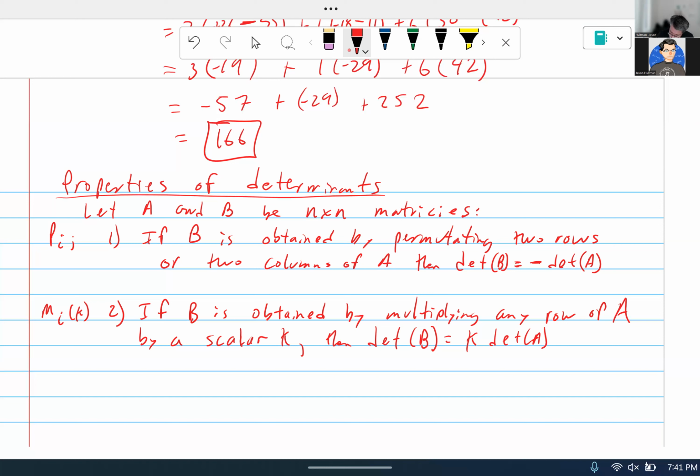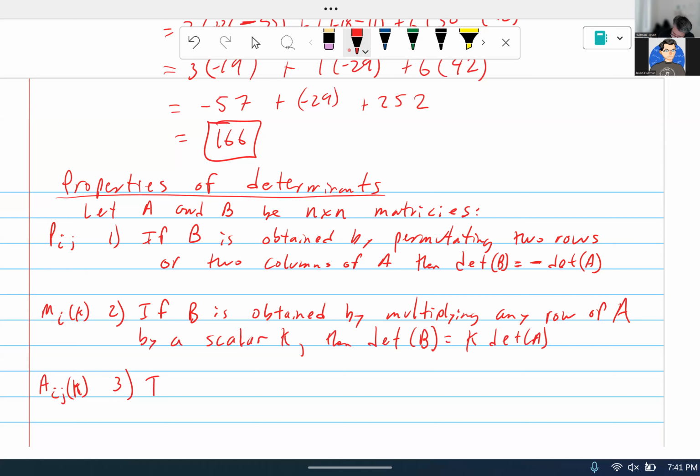Okay, what happens if we do a row operation on our matrix, with our elementary matrices, A, I, J, K?